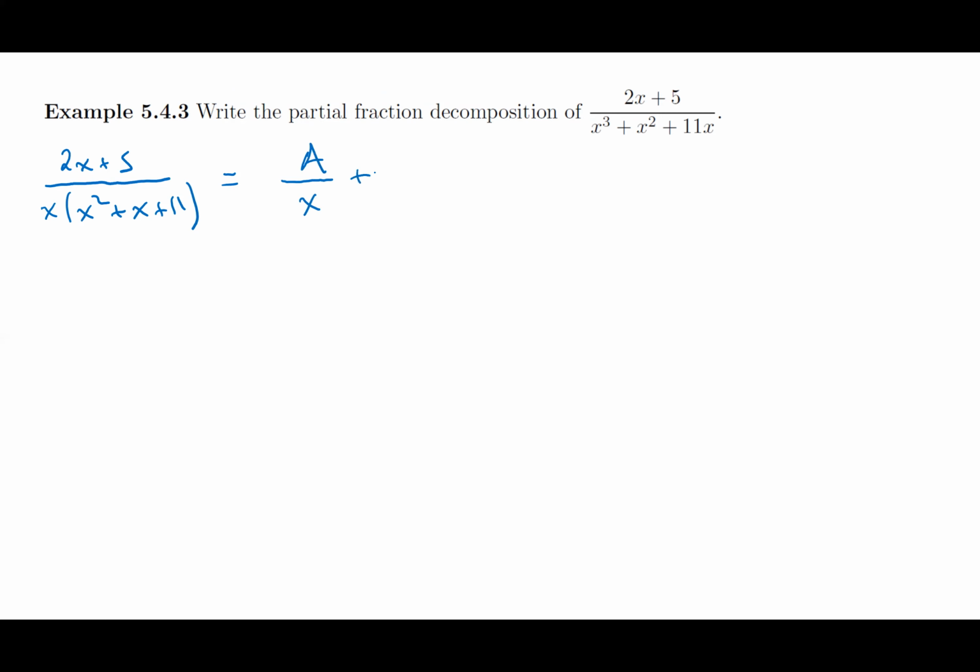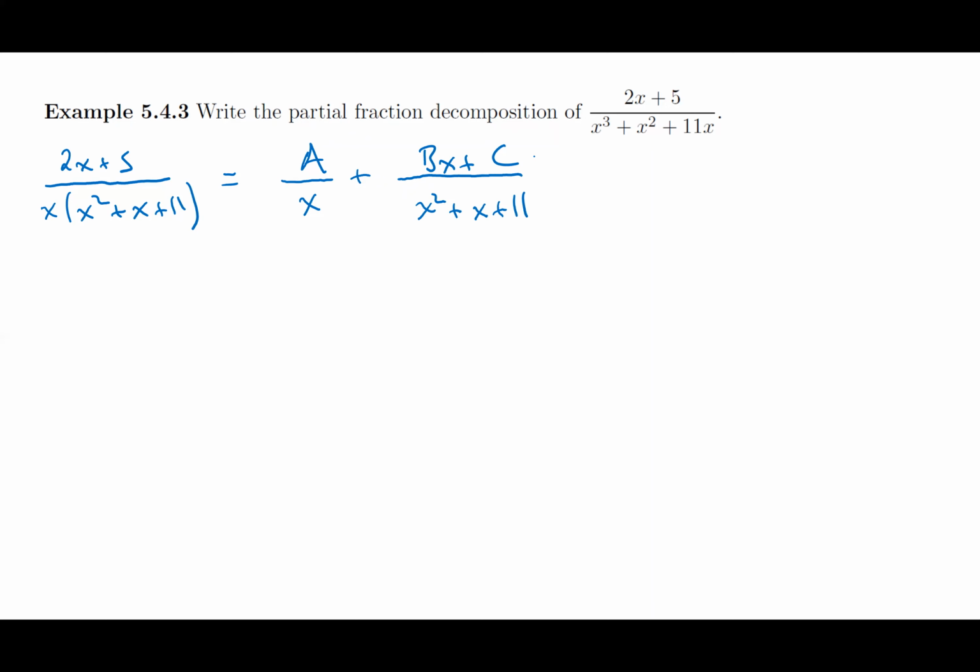And notice that factor of x is to the first power, so my numerator must be a constant. And then x squared plus x plus 11, that's not going to factor. And so this numerator is going to be Bx plus C, okay?